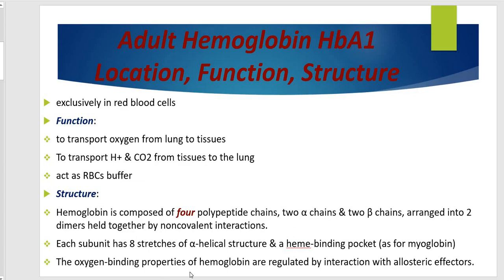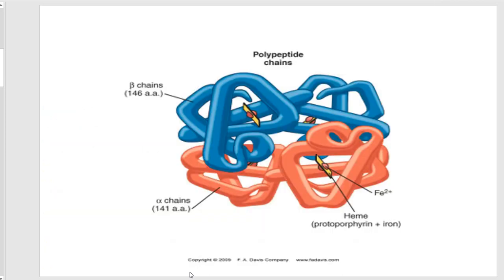We will explain the meaning of allosteric effectors. So again, look at the figure, the structure of hemoglobin. This is the hemoglobin molecule.